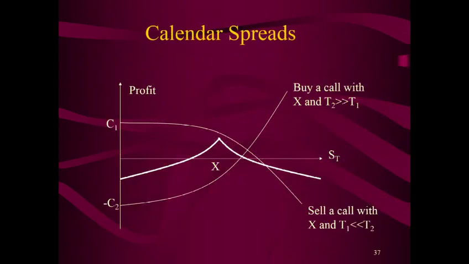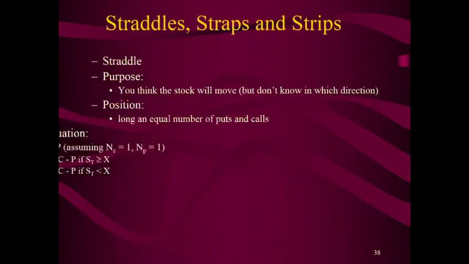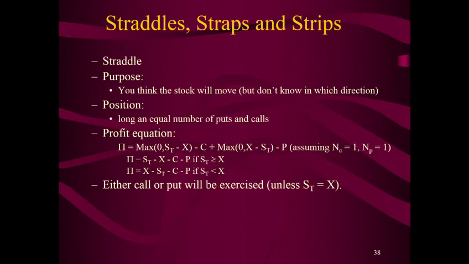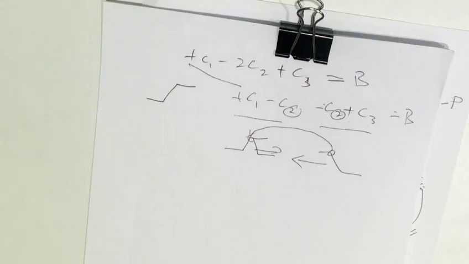So we look at one more strategy called a straddle. Okay, a long straddle is a volatile strategy or a neutral strategy. So the chart looks like this, right?